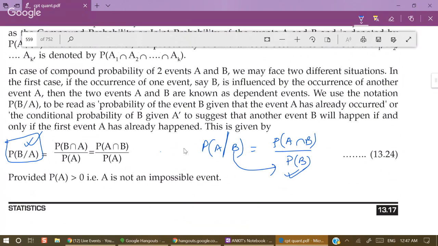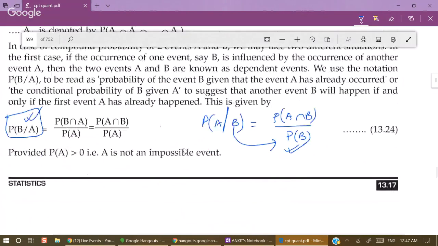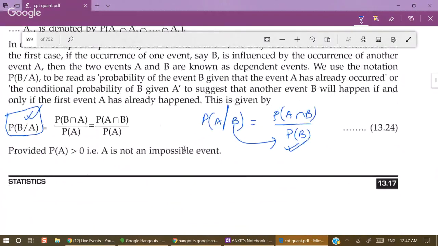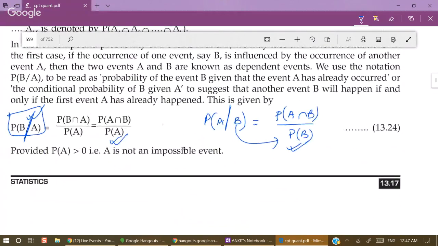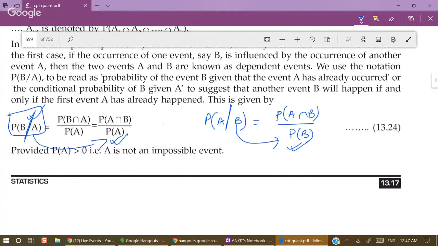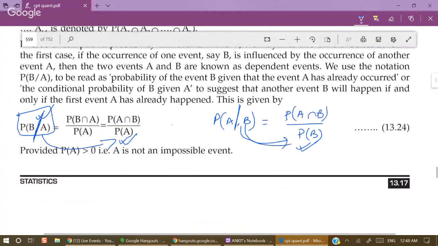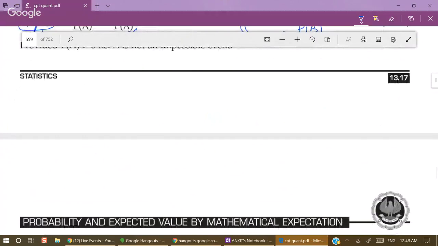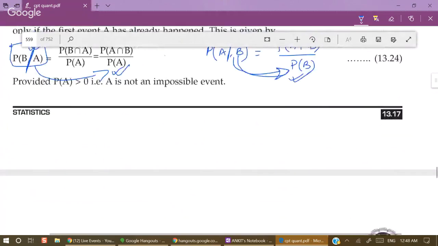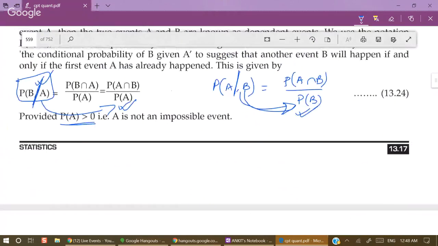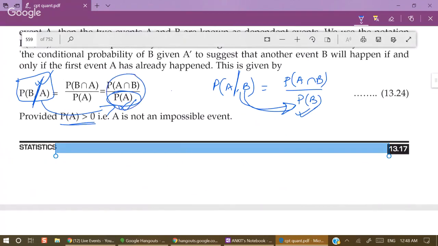Now these are the formulas. P(B given A) is P(A intersection B) by P(A), because A is after the oblique sign, so it will be in the denominator. Here B is after the oblique sign, so it will be in the denominator. Obviously, provided that P(A) is greater than 0. P(A) cannot be equal to 0, otherwise if this is 0, then it will be not defined.